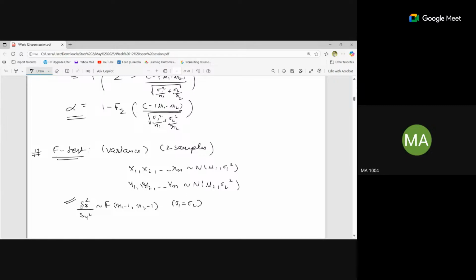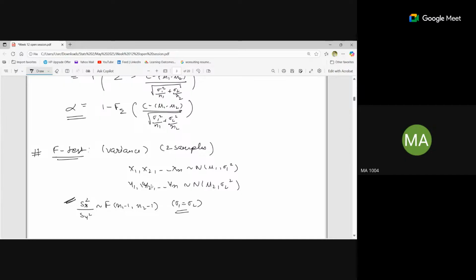Then only we say that sx square divided by sy square follows an F distribution with n1 minus 1 comma n2 minus 1 degrees of freedom. Is this clear? What is the F distribution? Yes, that is H naught, right? Sigma 1 equal to sigma 2.